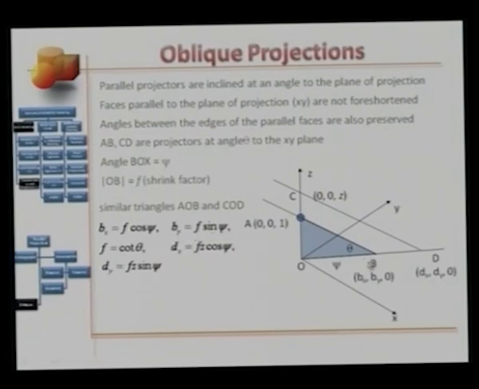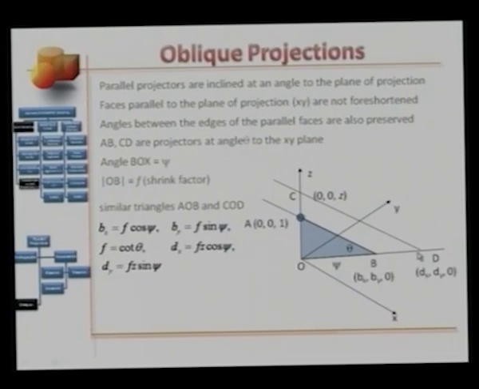B sub y is this distance, projection of OB on the y-axis. Now, F equals cot theta. Well, we consider triangle AOB. 1 over F is tan of theta, and so we get this result.